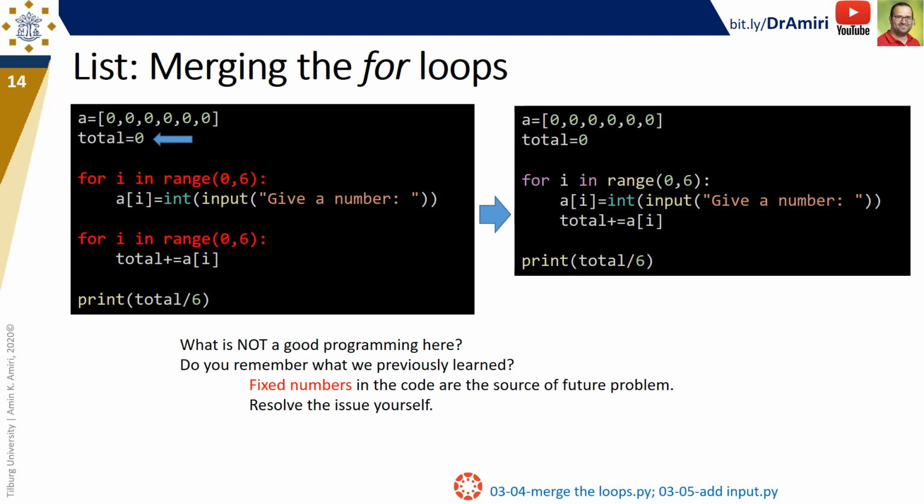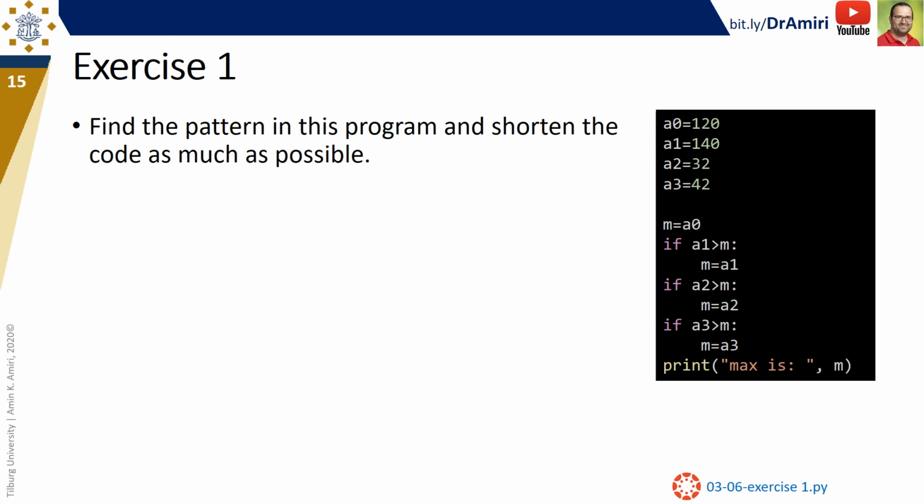So your task is to resolve this problem using the materials you learned in lecture 1 and lecture 2. So pause here for a minute, find the pattern, and shorten the code as much as possible.